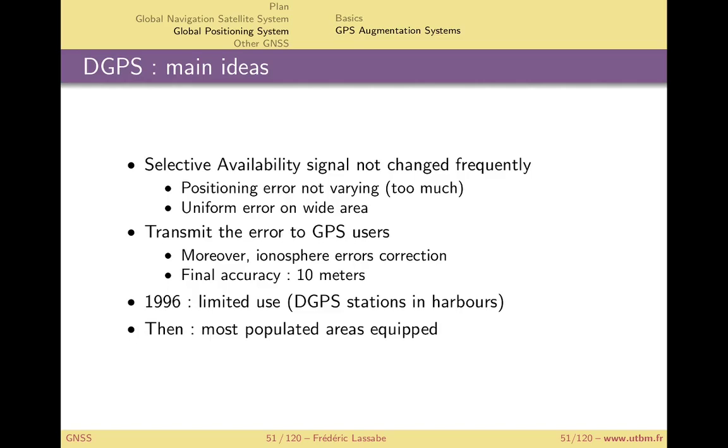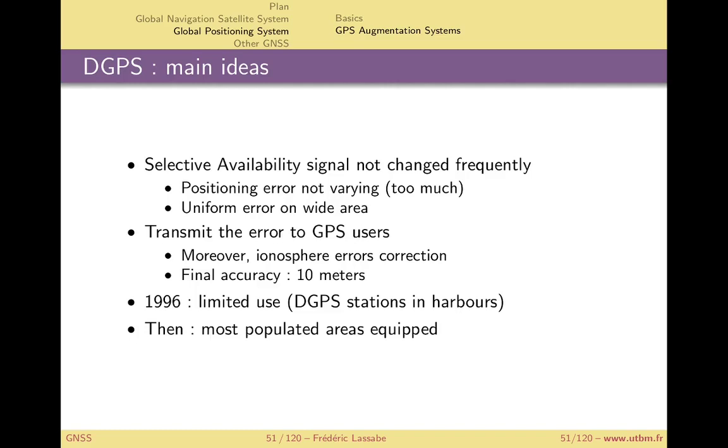So the selective availability signal was not changed frequently, so the positioning error was quite stable, and its error was uniform on wide areas.